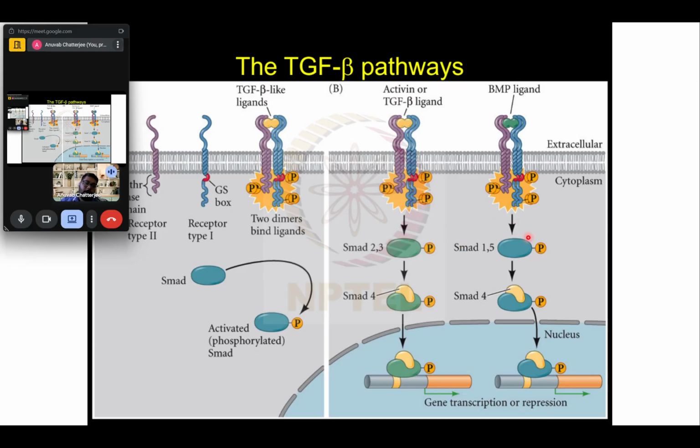And SMAD2/3 or SMAD1/5, once phosphorylated, bind to SMAD4, go into the nucleus, and transcription occurs. SMAD4 bound to SMAD1/5/9 or SMAD2/3 acts as a transcription factor and can directly initiate transcription. They do not pass on the signal to a downstream transcription factor.